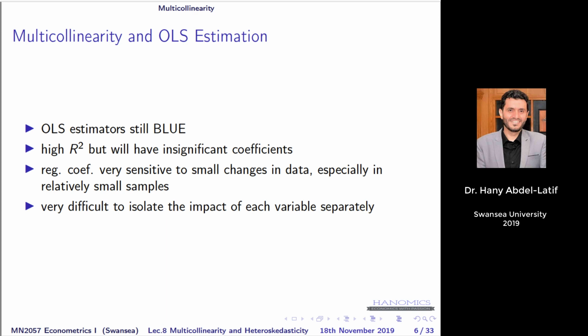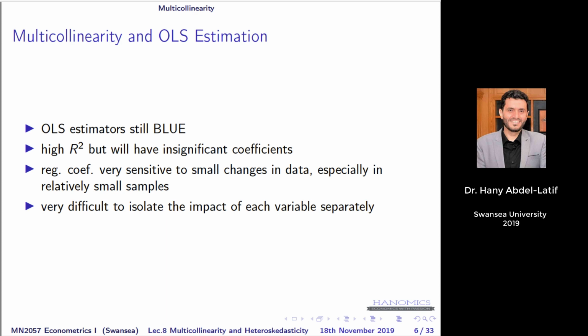Again, this is another sign. What I'm talking about here are signs of the presence of multicollinearity. Whenever you have these signs, you should have some suspicion that you actually have multicollinearity in your data or in your estimation.